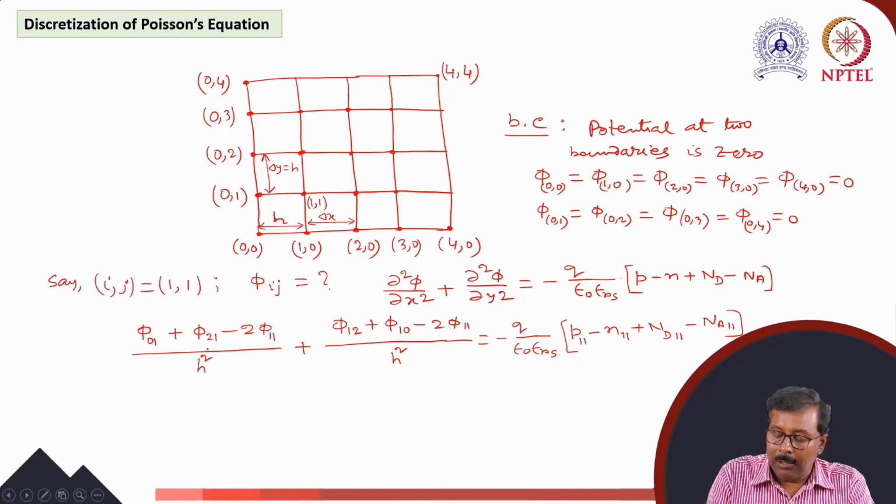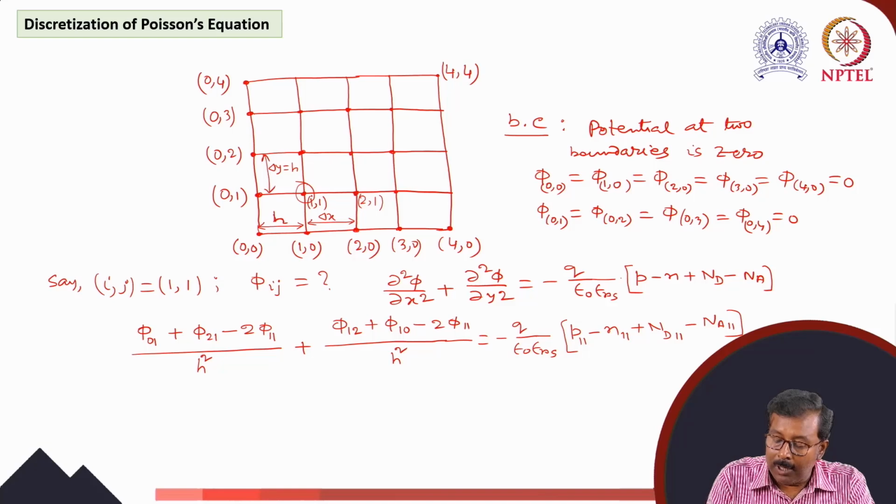Similarly, for other nodes, for this node I have written, similarly for other nodes, say phi 2 1, this node is 2 1 node, that can be written here as del square phi by del x square.